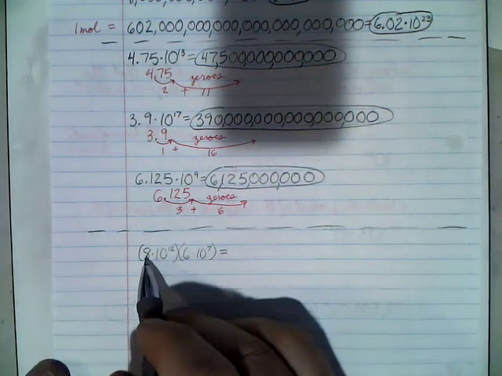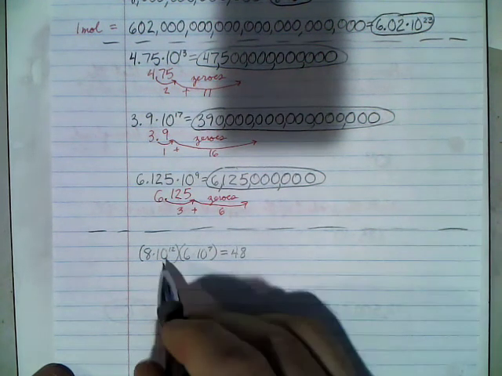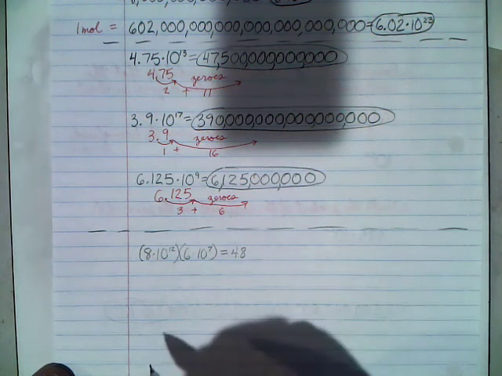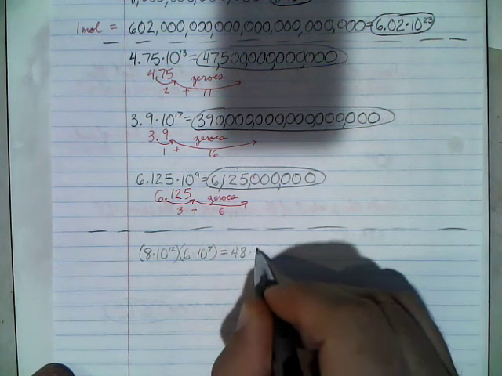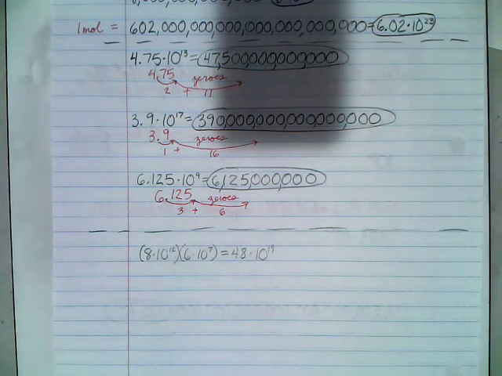So coefficients, 8 times 6 is 48. If you have 12 tens times 7 more tens, that's going to mean you have a total of 19 tens that we're multiplying by. So remember, when we multiply powers, we add the exponents. So that 12 exponent plus that 7 exponent makes a 19 exponent.